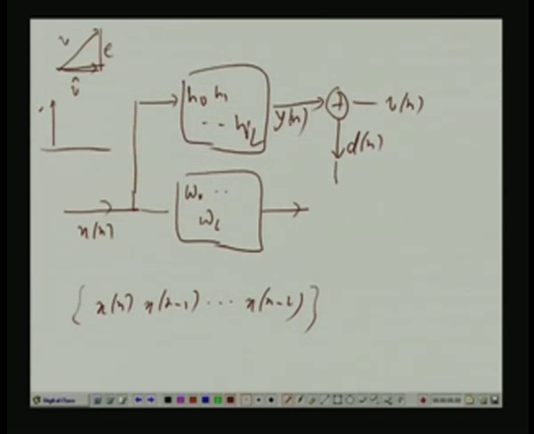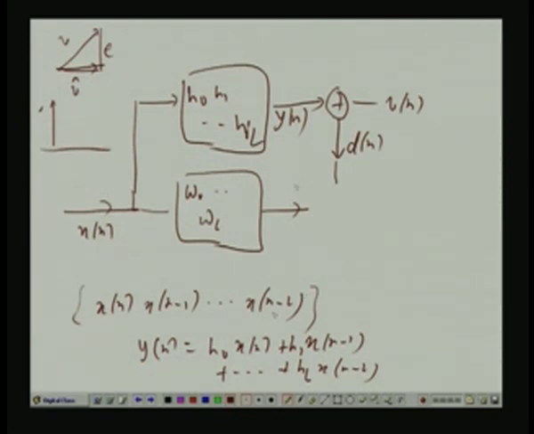Now, what is the projection of Yn? What is Yn after all? Yn is H0 Xn plus H1 Xn minus 1 and so on. So, Yn is already given as a linear combination of Xn, Xn minus 1 up to Xn minus L. So, Yn already lies in the space spanned by them. So, the projection of Yn on that space is Yn itself.